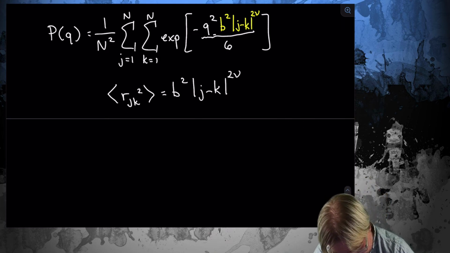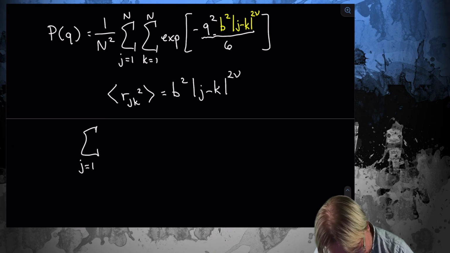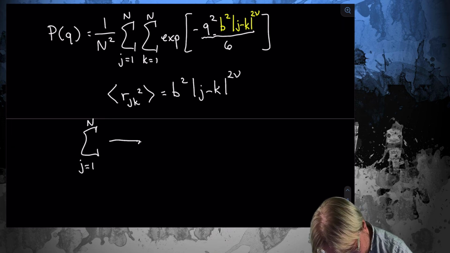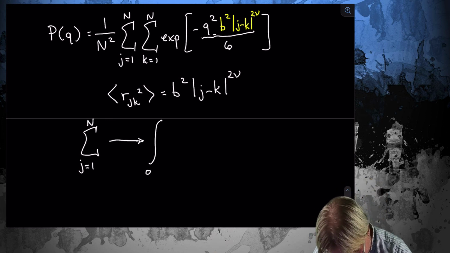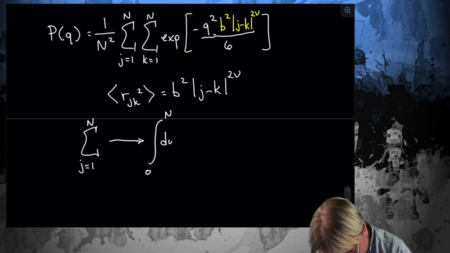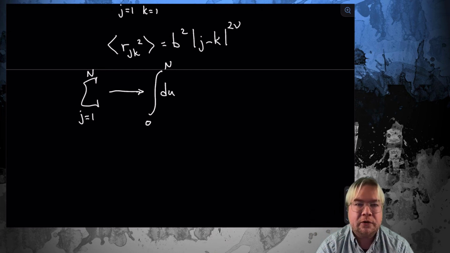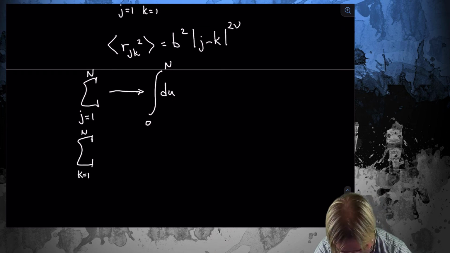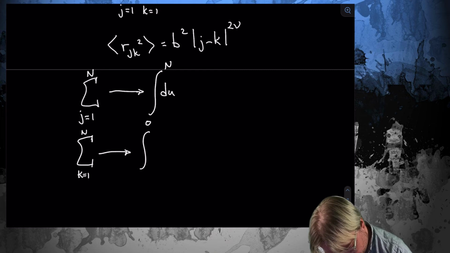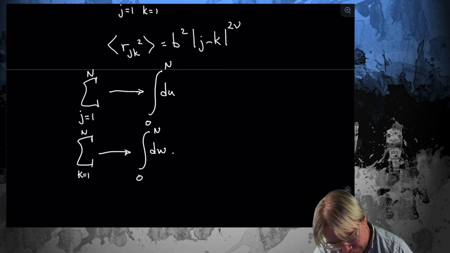Let's take the continuous limit. So we'll move from the sum as j goes from 1 to n and replace it with an integral from 0 to n of du. And we'll do the same thing with k. So the summation as k goes from 1 to n, we will change over to an integral 0 to n dw.